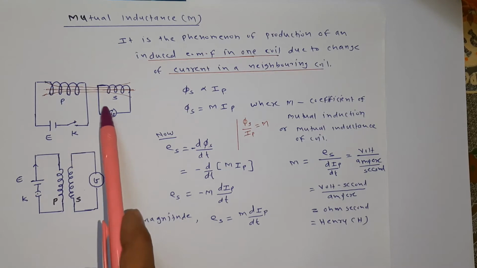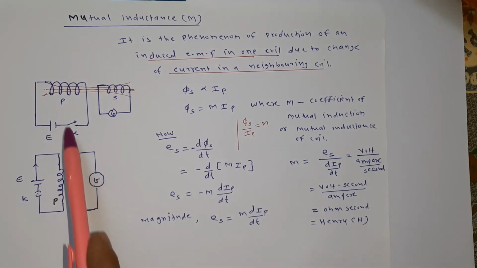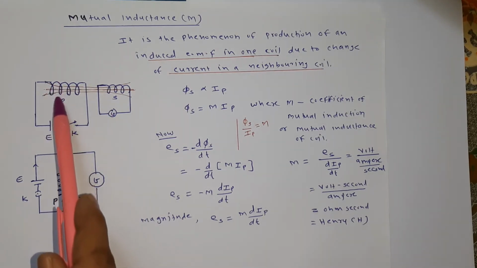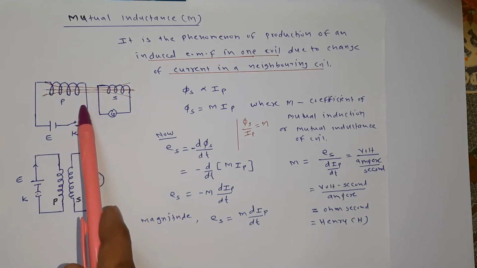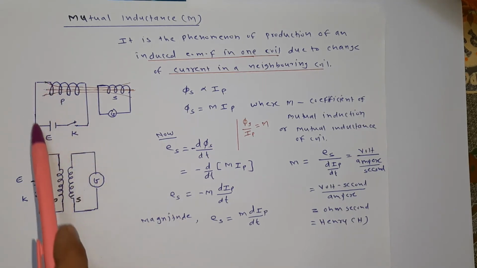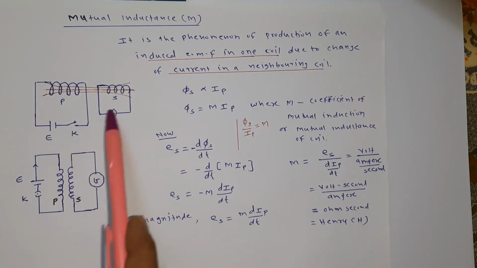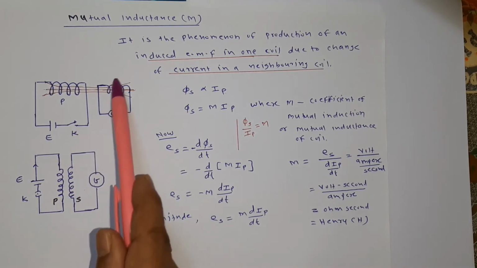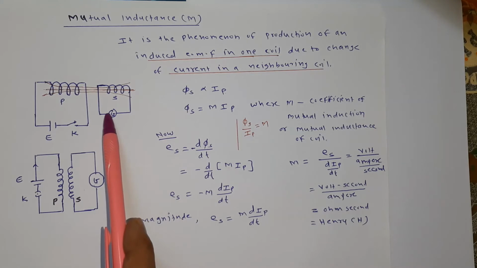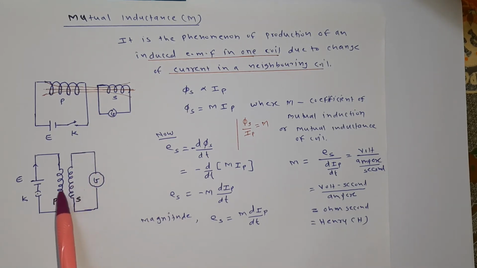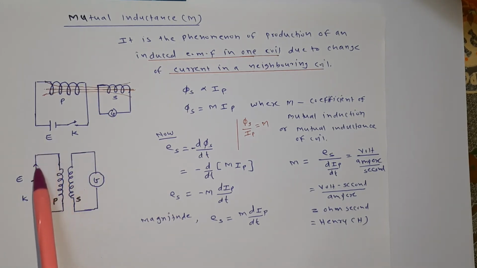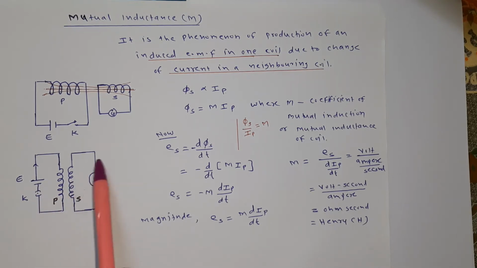The diagram you can draw this way or this way also. This is a primary coil, connected to a source of battery E and a plug key. A secondary coil, we connect to a galvanometer. This is also the same diagram: the primary coil is connected to battery and plug key, and the secondary coil is connected to a galvanometer.